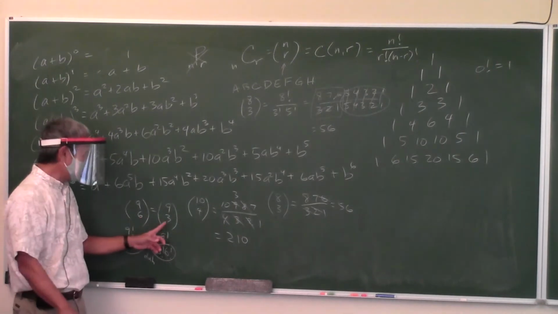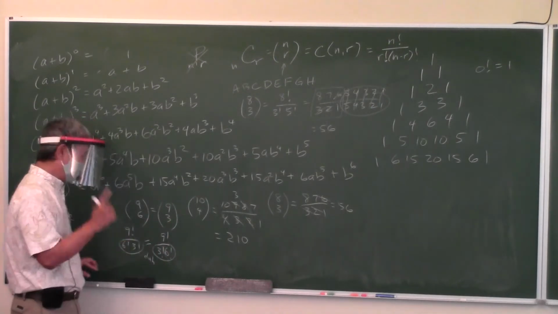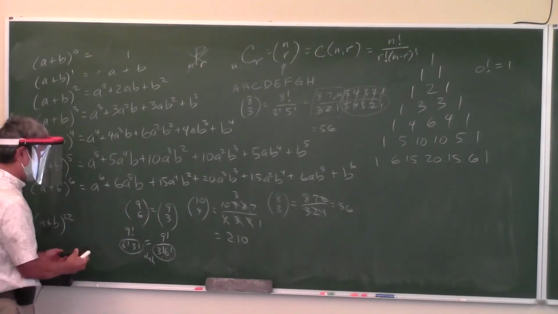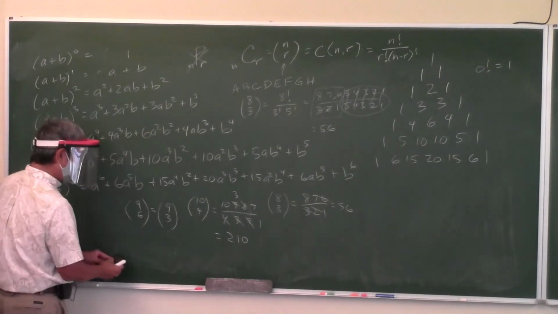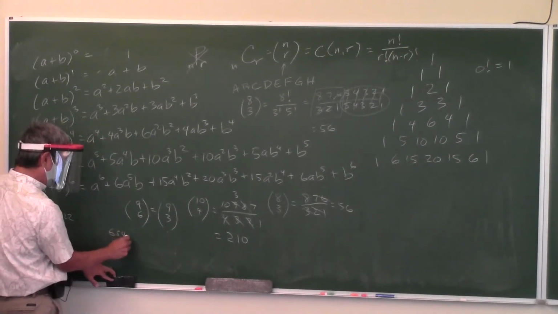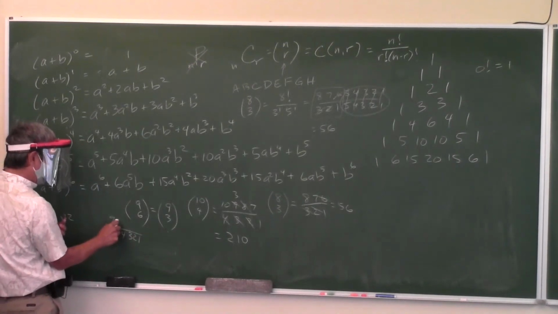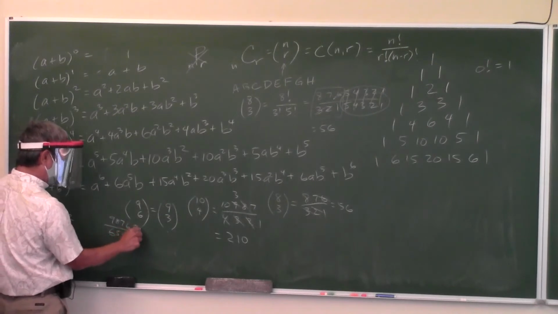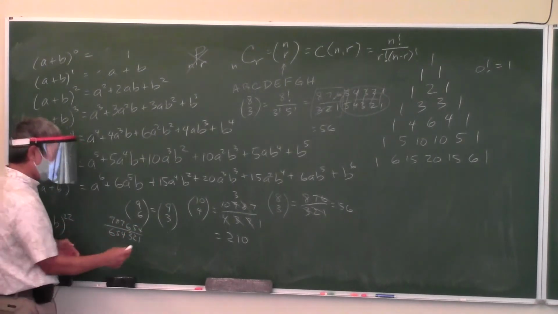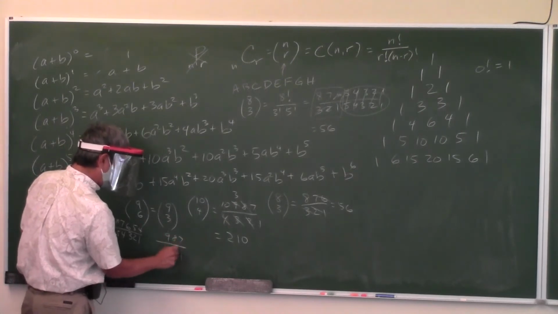But why is it beneficial to have a smaller number here instead of a 6? Because if you're going to use the shortcut that I just taught you, I'm going to erase this. See, if you use the shortcut here, you're going to go 6, 5, 4, 3, 2, 1. And on the top, you're going to have 9, 8, 7, 6, 5, 4. Or would you rather just go 3, 2, 1 on the bottom, and 9, 8, 7 on the top.